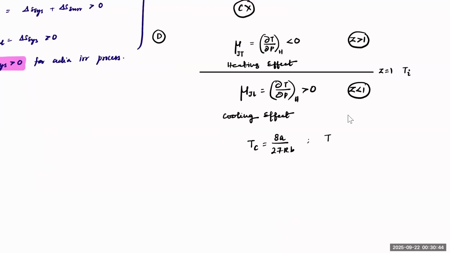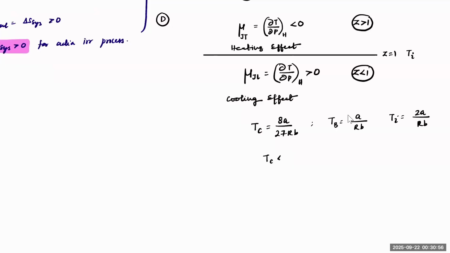What is Boyle's temperature? Boyle's temperature is a by Rb. Inversion temperature is always 2 times Boyle's temperature. Can you see that the critical temperature is less than the inversion temperature? That means you are below the inversion temperature, and below it, cooling effect is observed.